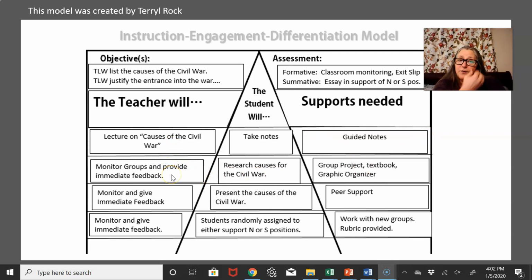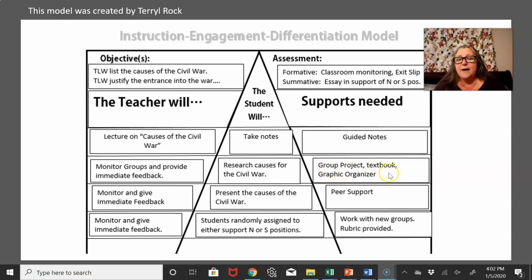Then after the lecture, there would be maybe a group work assignment that gives some of the responsibility now to the student. The student is going to start researching causes for the Civil War, and while the student's doing that, the teacher's going to monitor the groups and walk around and make sure everyone seems to know where they need to be looking and finding the information and helping as needed.